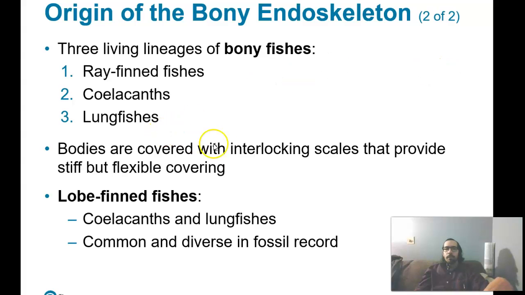The lobe fin fishes include the coelacanths and the lungfishes. These are independent lineages, but they are often grouped together as the lobe fin fishes. And these are important because they show a link between fishes and tetrapods.